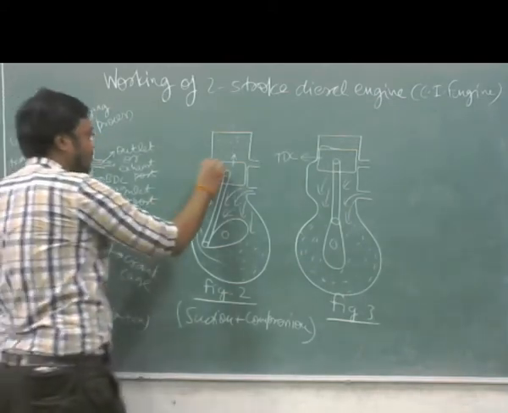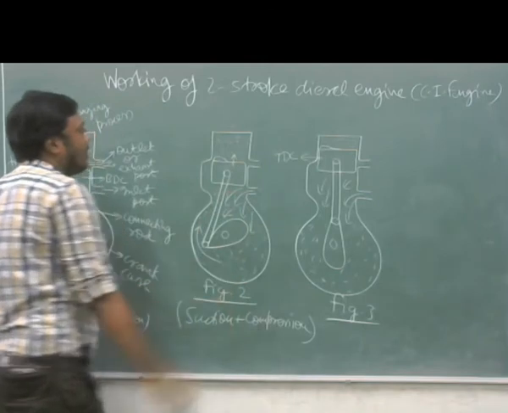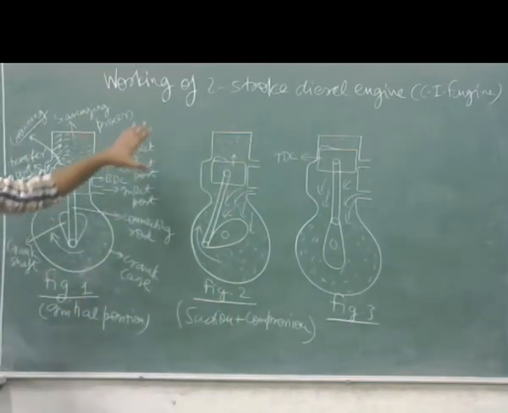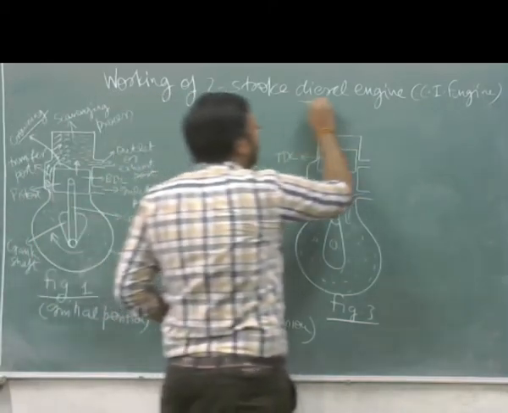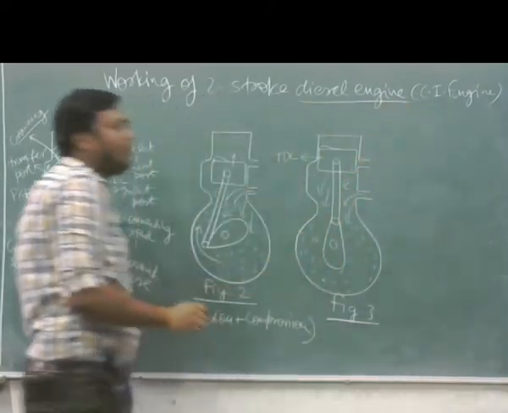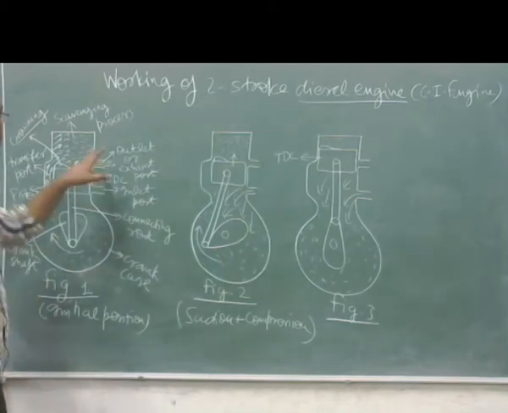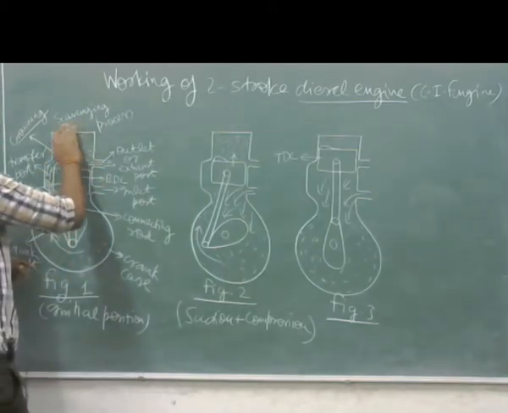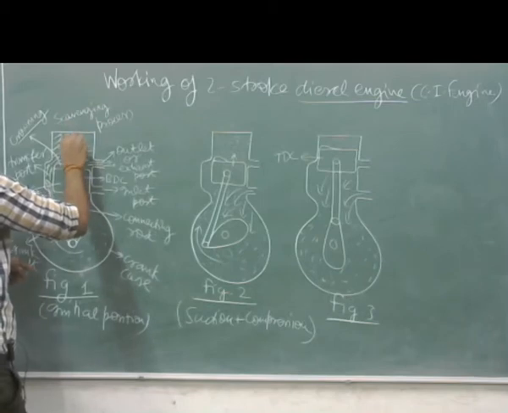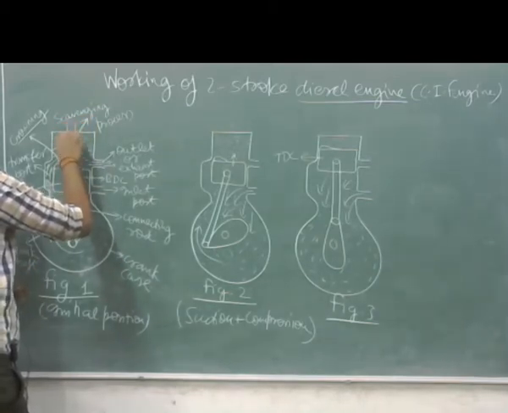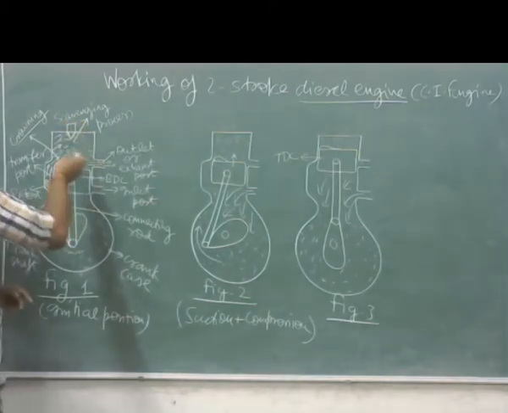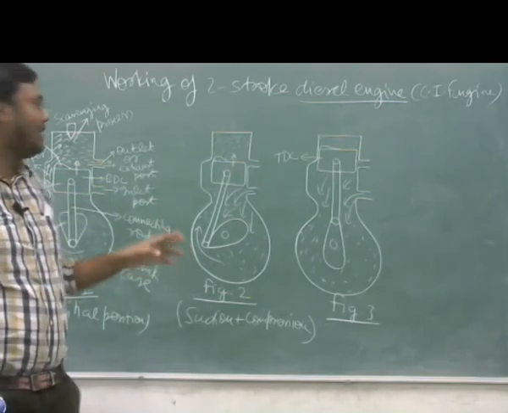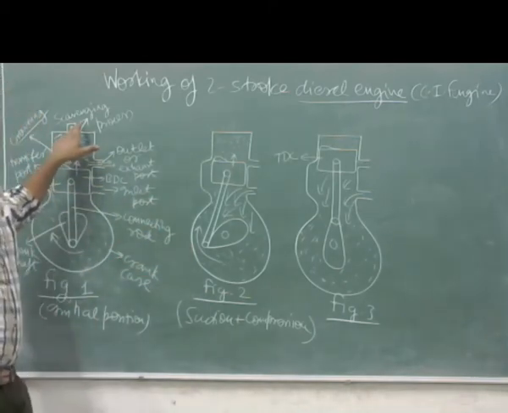And as we are talking about a two-stroke diesel engine, there will be a fuel injector in each diagram. I forgot that, but there will be a fuel injector because this is a diesel engine. If this were a petrol engine, then we would replace this fuel injector with a spark plug.